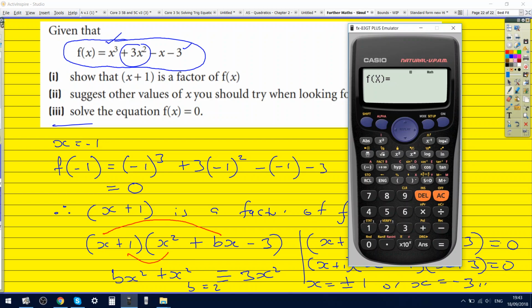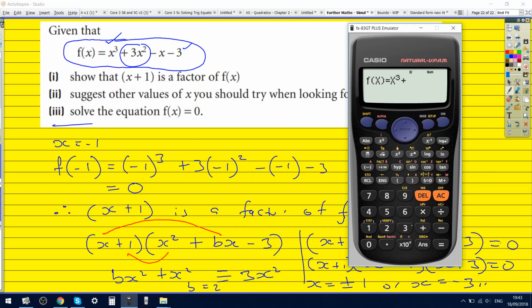You see the red X over the right bracket? Yes, I see that. You can press alpha and get that. Yeah, X. X squared plus 3. Not squared. 3x cubed. Sorry.